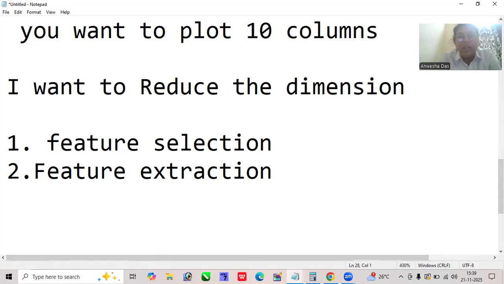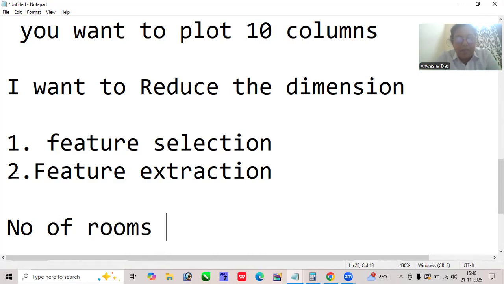Now if I go for feature selection, I am taking one example. I want to predict the house price. In that house price prediction, I have the number of rooms.